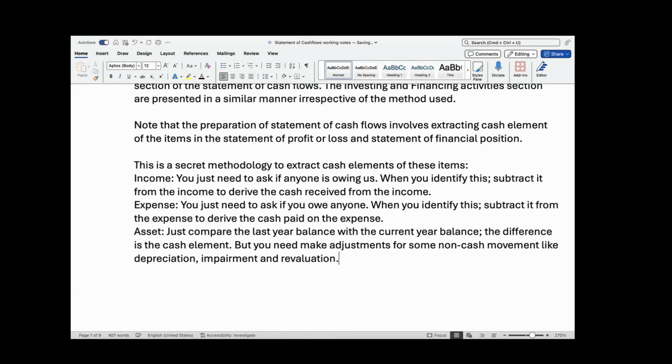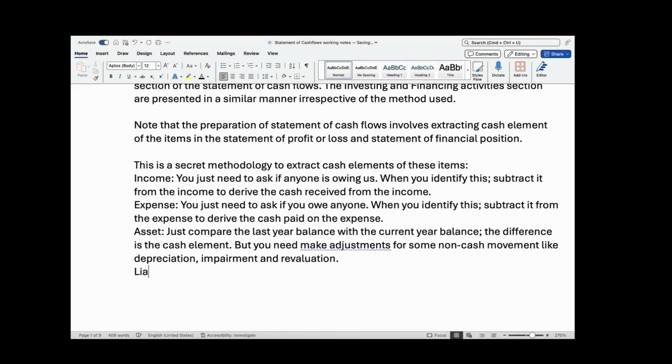These are usually added or deducted from the asset. So the whole of that movement might not be entirely cash. You need to make adjustments for all of this, because, for example, depreciation will have been deducted before, so you have to add it back and all of that.